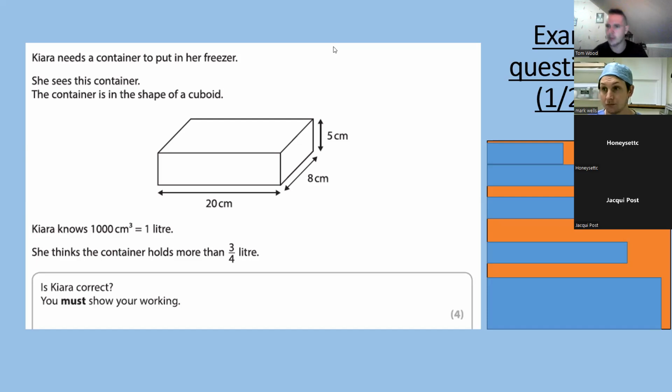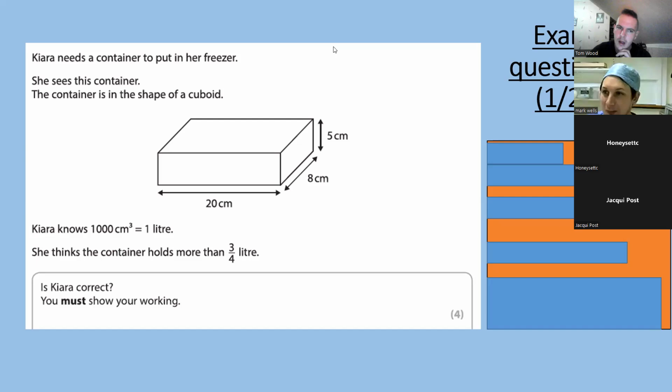How did we find it? Does anyone want to volunteer an answer or say where they've got to? Really? Not your favourite question, this one, Mark. No, I've got completely the wrong answer, because I've got it's 800 centimeters cubed, which is 8 liters. So it's obviously the wrong answer.